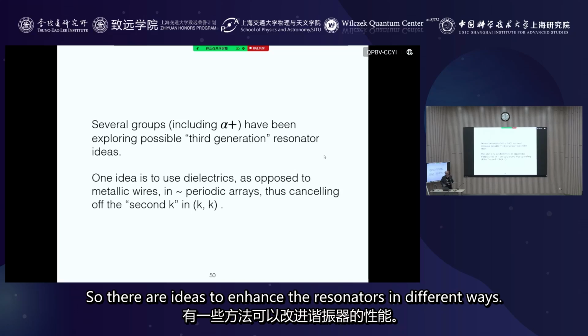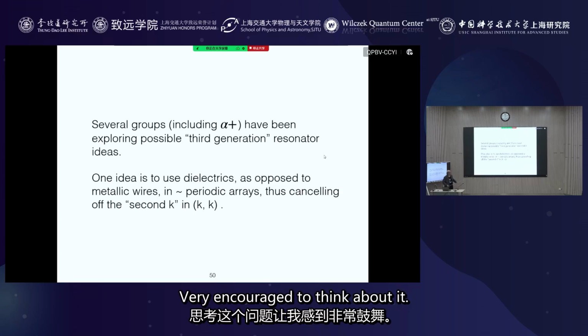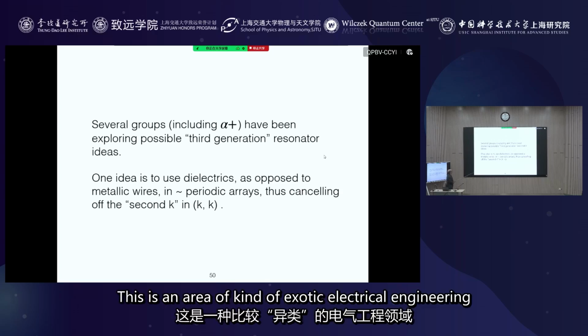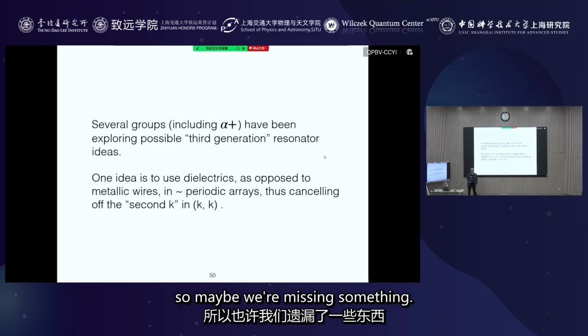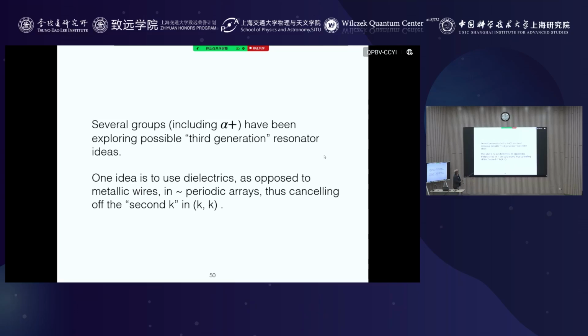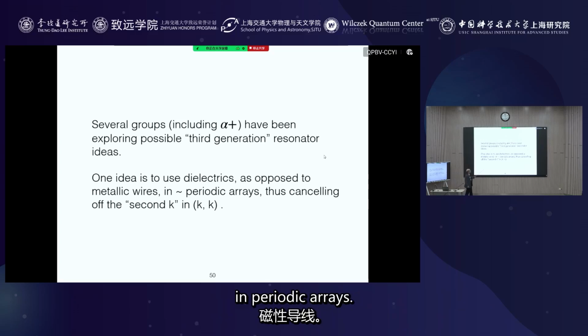So there are ideas to enhance the resonators in different ways, and there might be other ideas. You're very encouraged to think about it. This is an area of kind of exotic electrical engineering that physicists don't often do, so maybe we're missing something. So one idea is to use dielectrics in place of metallic wires in periodic arrays.